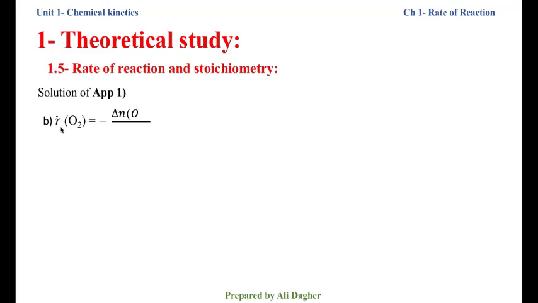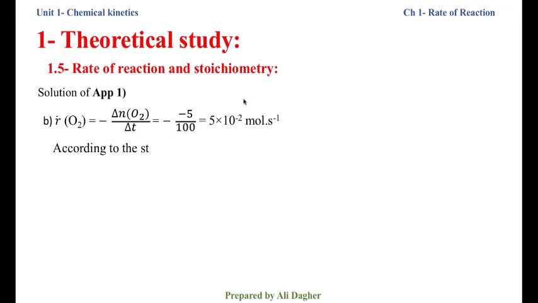Now, the average rate of O2 equals minus delta n O2 over delta t, which is minus minus 5, minus times minus equals plus 5, over 100, equals 5 times 10 to the power minus 2 mole per second.